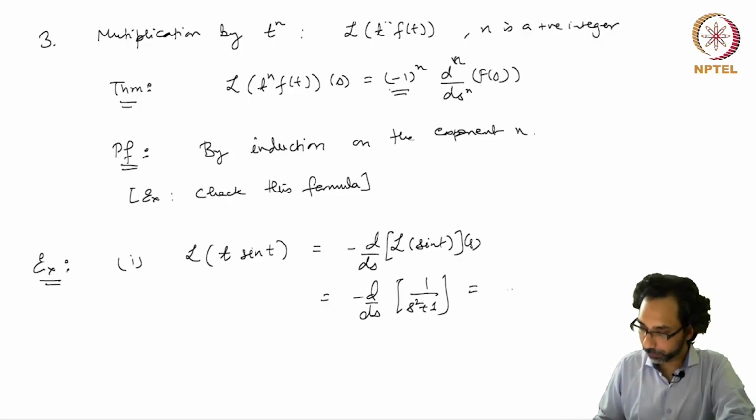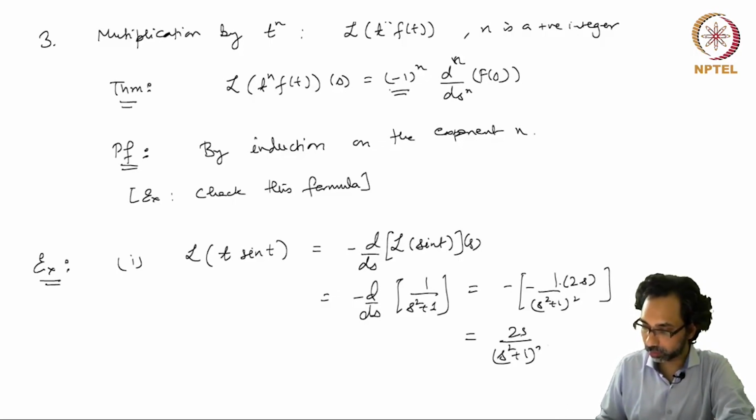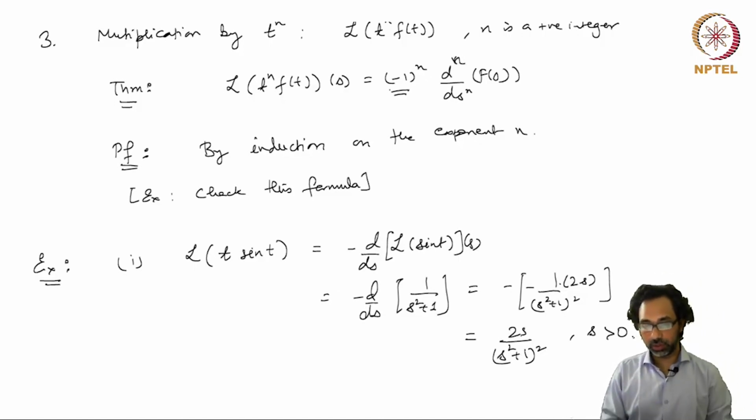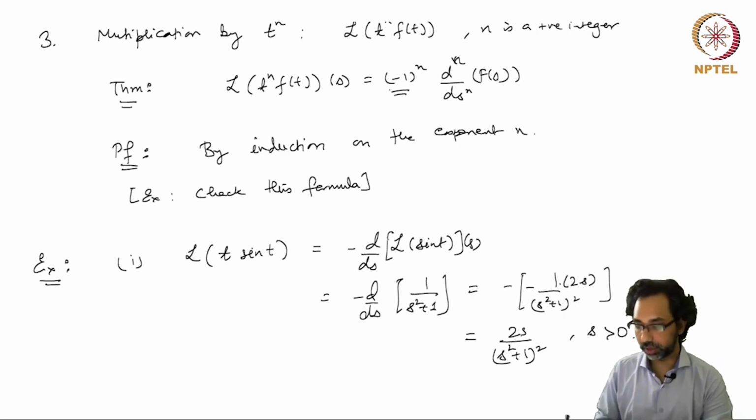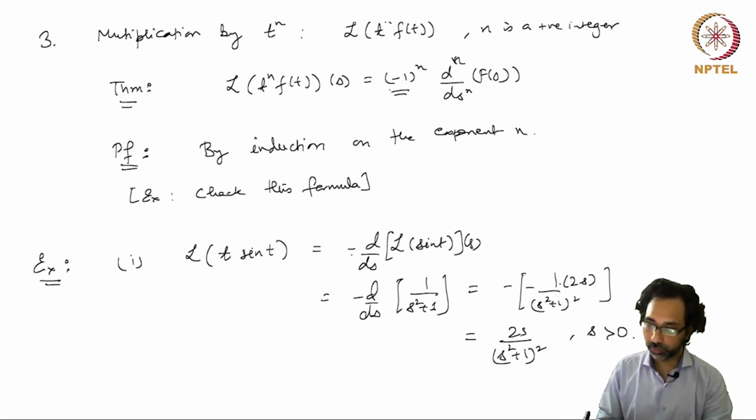So you get minus, and then derivative gives minus 1 over (s^2+1) whole squared times 2s. So you get 2s/(s^2+1)^2, and this is valid for s greater than 0. So if you multiply by t, you can differentiate once and put a minus sign at the front, and you get the formula for the Laplace transform of t times that function.